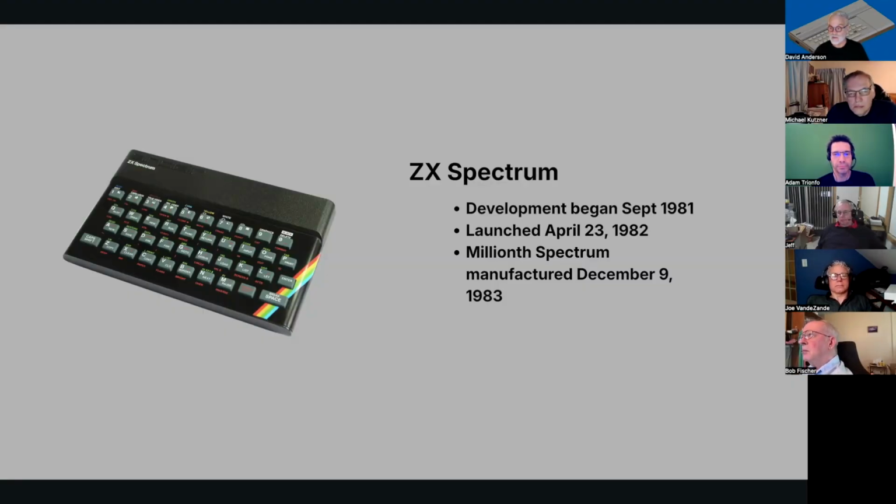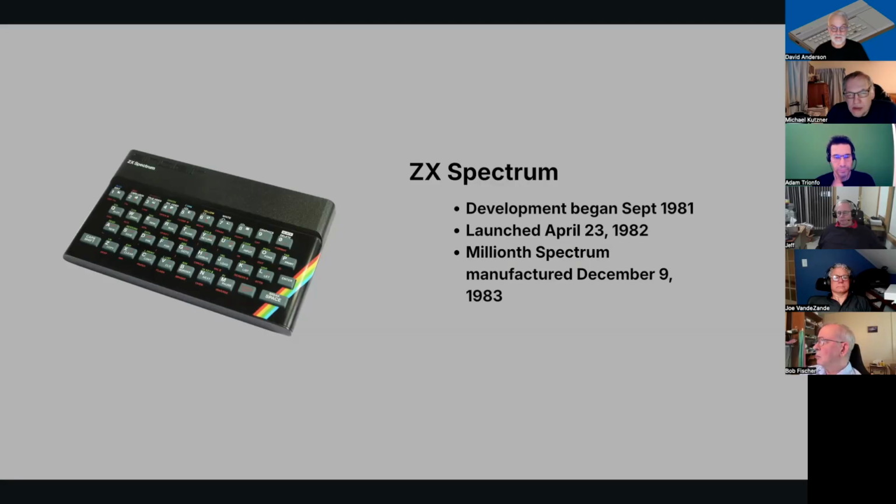The contract between Sinclair and Timex was that once Sinclair had sold 500,000 ZX81s in the United States, Timex would step in and start selling their version, the 1000. By the time people like me got a Timex Sinclair 1000, I heard, maybe I read in magazines, that the Spectrum was out there, because it was launched in April of 82, right around the same time that Sinclair crossed that 500,000 threshold.